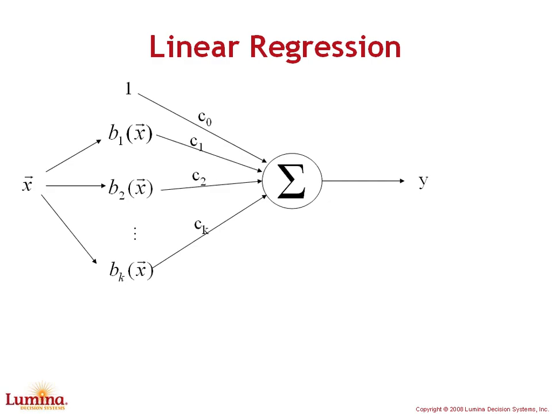So sometimes we'll form this basis just using the actual components of the input vector. And we usually add a constant to our basis also, which allows our function to not have to pass through the origin. But in general, we may have the basis be somewhat different from our original independent variables.